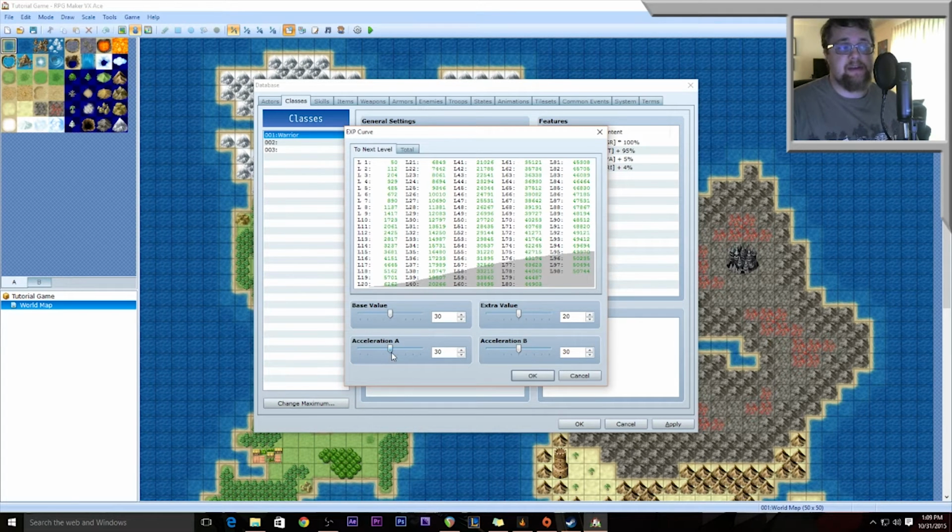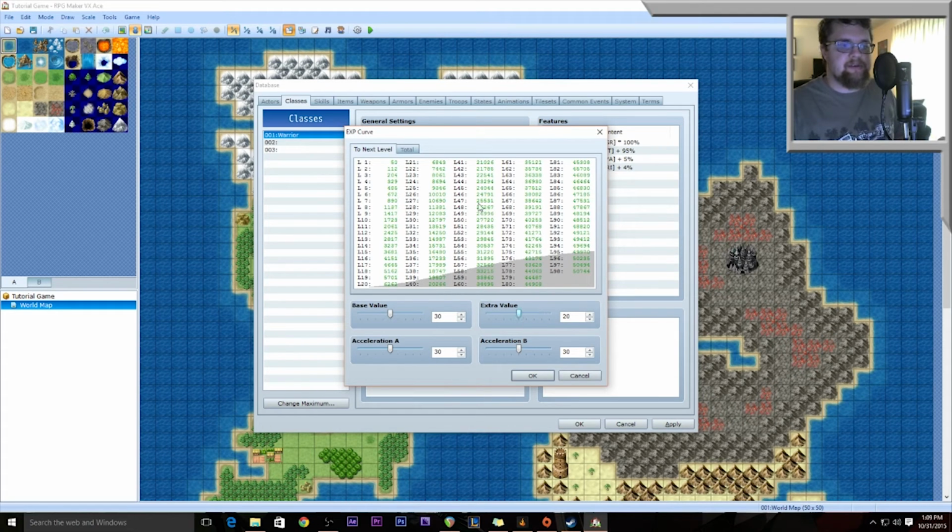Also, changing the acceleration changes the rate at which that exponential growth grows. The same with acceleration B, and extra value also messes with that. Extra value basically means we're going to add an extra amount on top of what the acceleration and base values calculate out.